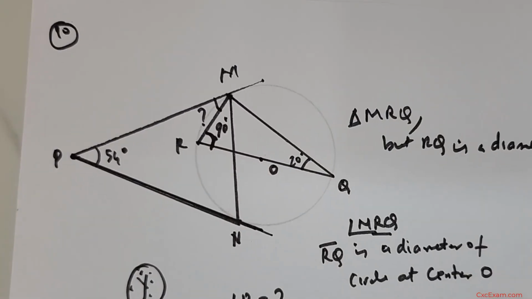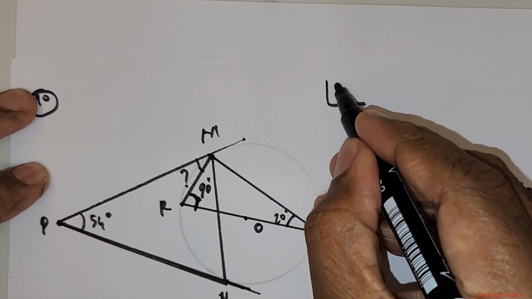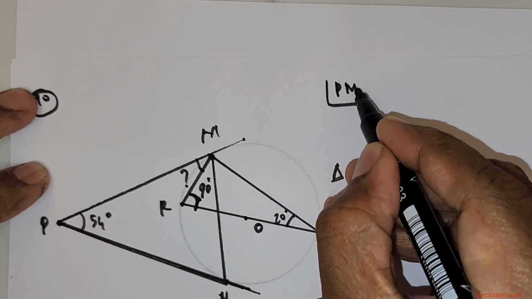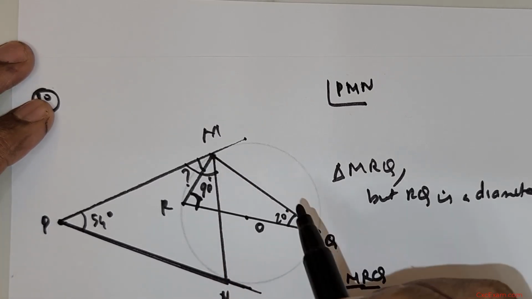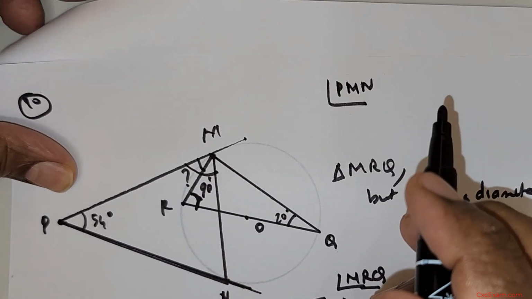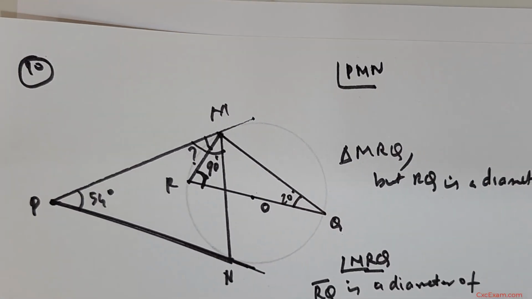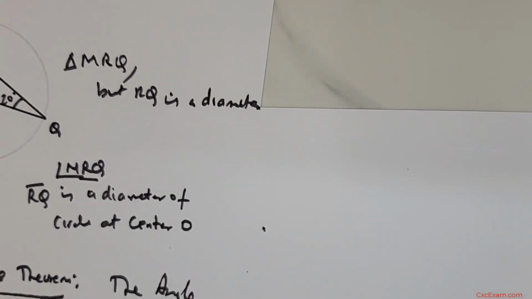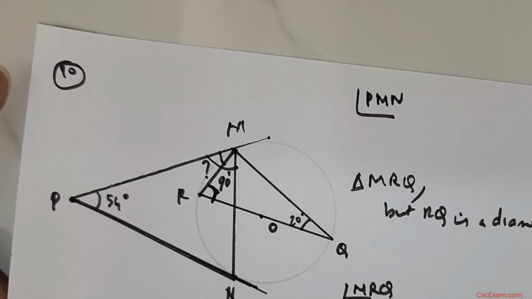So let's move on. Now this is the next part. What they want here is they want us to find PMN. They are asking us to get this angle. Now let me write that statement out. Now clearly you see here, PM and PN are tangents.